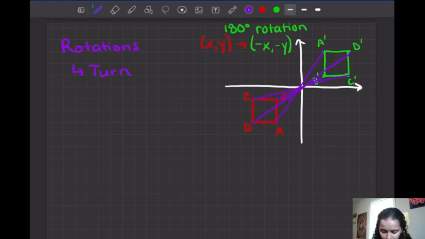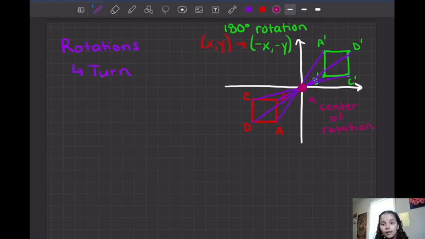What is important here is the relationship between each of the points and this circle right here, which is the origin, but it's also going to be our center of rotation in this case, okay? Center of rotation. So the center of rotation, as we know, is just the point that you're picking to rotate your figure around, okay? And in this case, it's the origin.